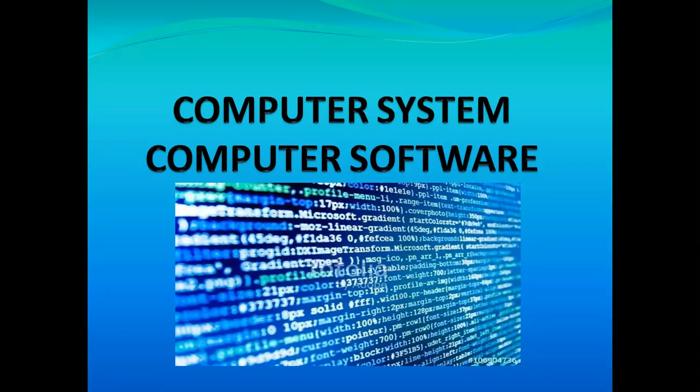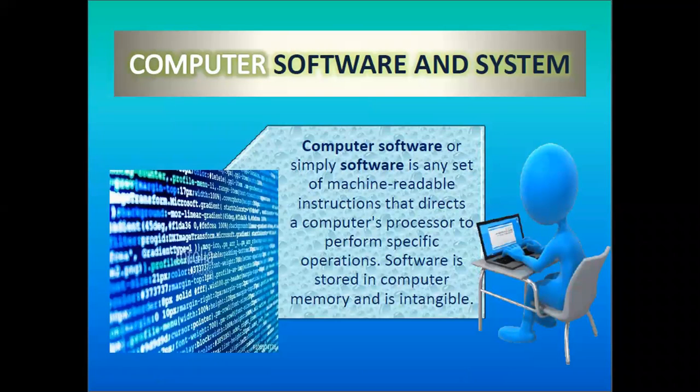So, welcome to Nursing Informatics, Computer System, and Computer Software. We have computer software, or simply software as we know it, is any set of machine-readable instructions that directs a computer's processor to perform a specific operation. So, software is stored in a computer's memory and is intangible.